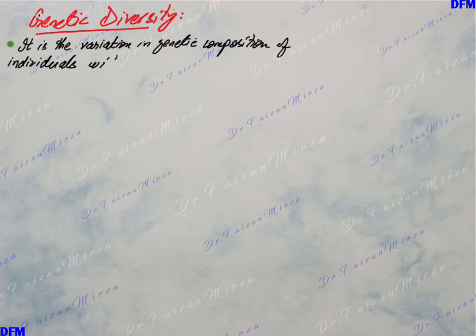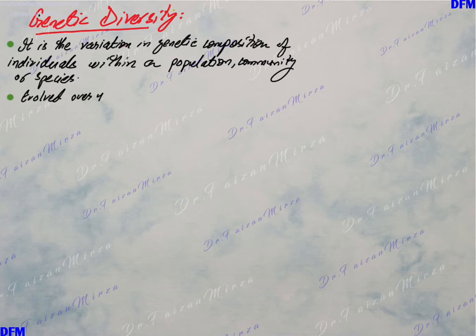We come to genetic diversity. What is genetic diversity? The third level of diversity. It is the variation in the genetic composition of individuals within a particular population or a community or a species.